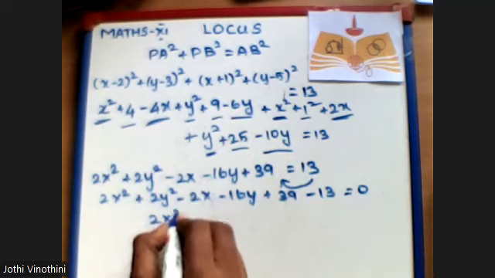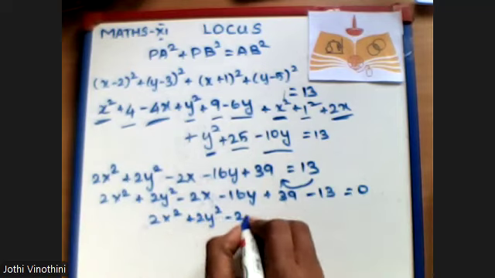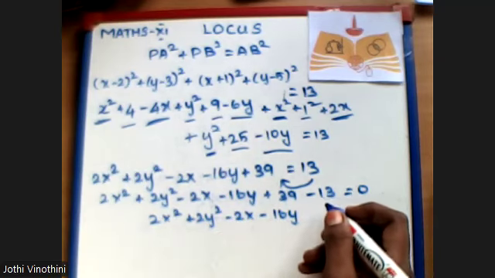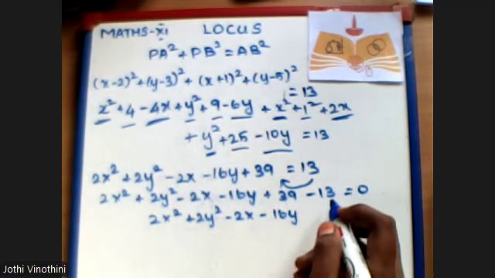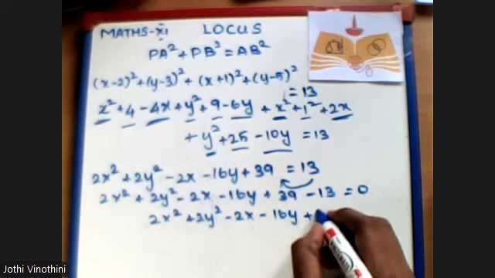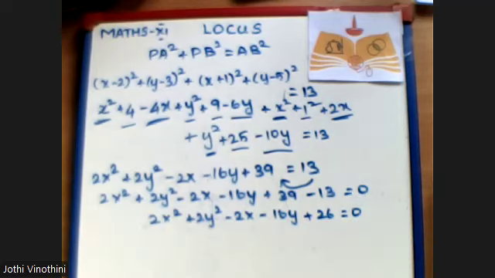Again, 2x squared plus 2y squared minus 2x minus 16y, 39 minus 13 will be plus 26, which is equal to 0. Right? Okay.